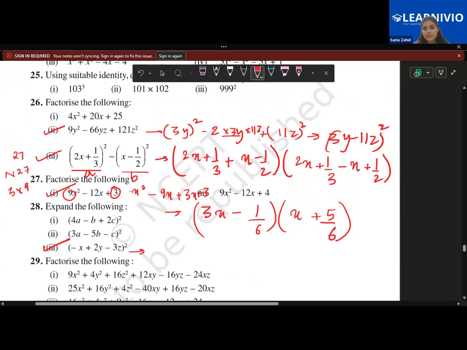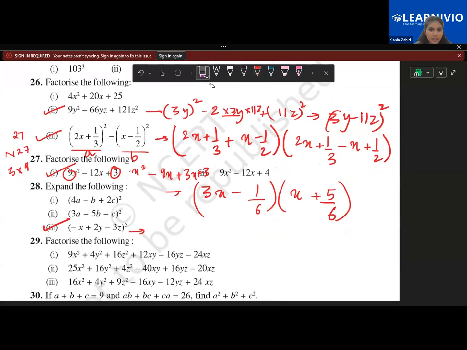No, I can't understand. Can you explain the third bit again? Okay, I'll do it. Hafsa is telling me the third one. Okay children, I'll solve it completely. You understood this part, how I got it? See, I'm just breaking it down. This is 9x square.